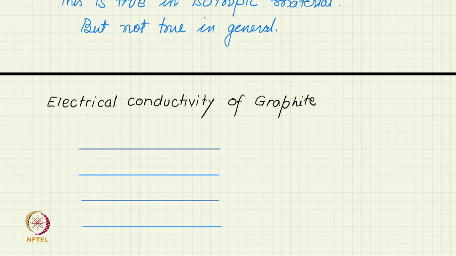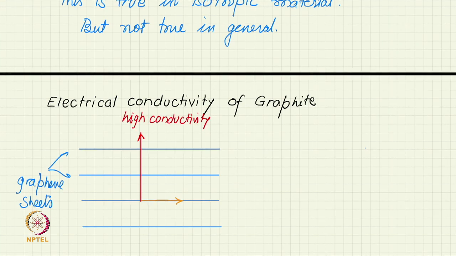Now, in graphite we know that the electrical conductivity normal to the sheets is extremely high, whereas electrical conductivity parallel to the sheets is low. So, this is a high conductivity direction and this is a low conductivity direction.